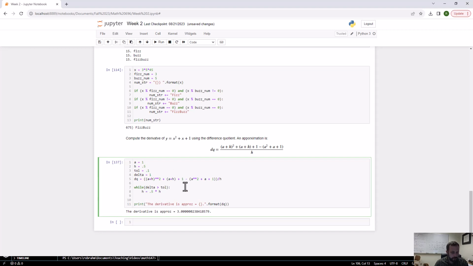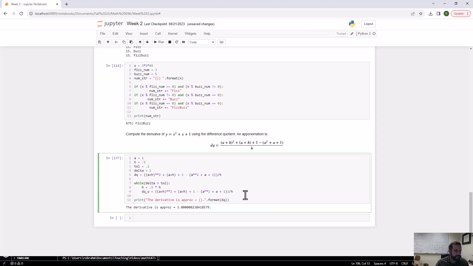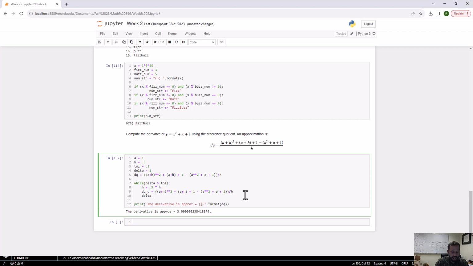I'm going to compute a new difference quotient. I'm going to call it dqu for dq updated. It's going to be the same formula here, but I have a new value of h because I halved h. So that's what dq is. Delta is going to be equal to, I'm going to write np for numpy.